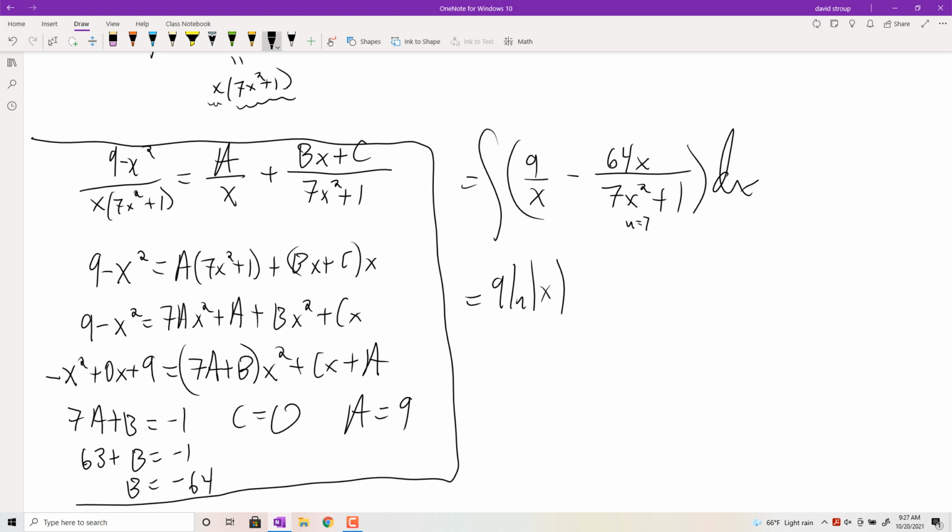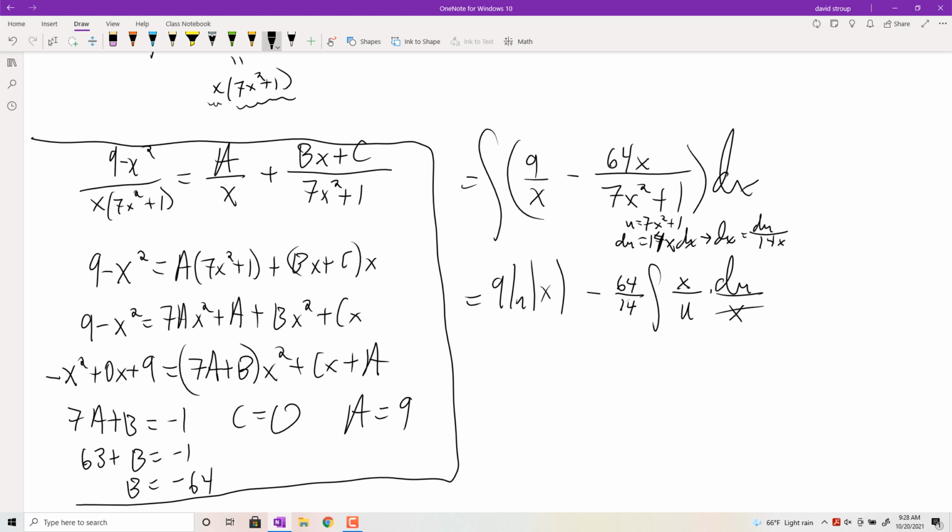So u for 7x squared plus 1, the differential du is 14x dx. So dx will equal du all over 14x. So my second integral, you could factor out a 64 and eventually factor out a 14. Then you have the integral of x all over u times du all over x.